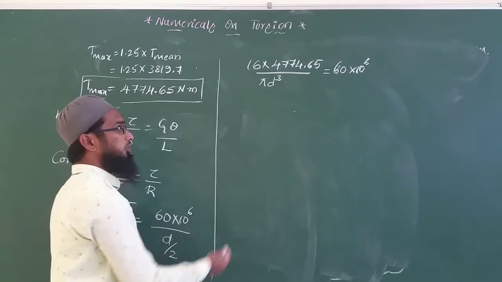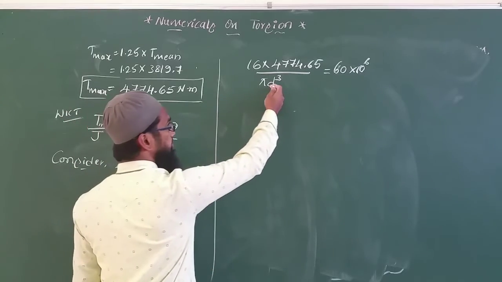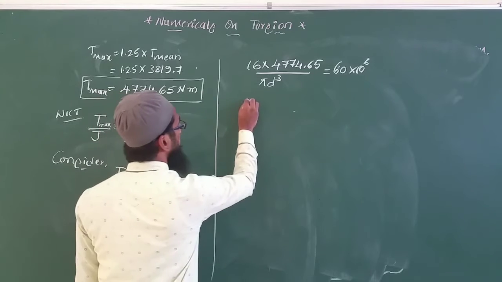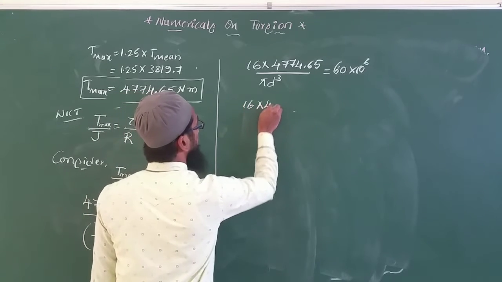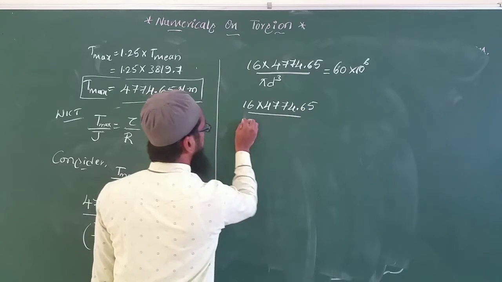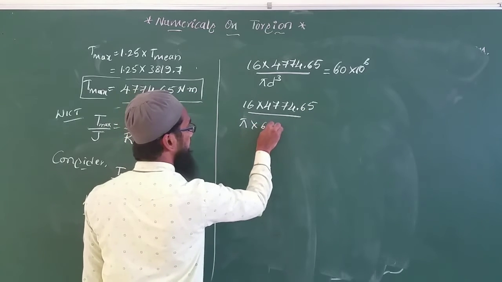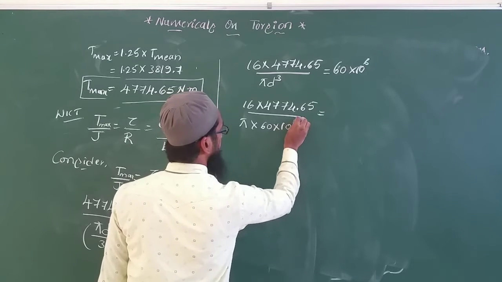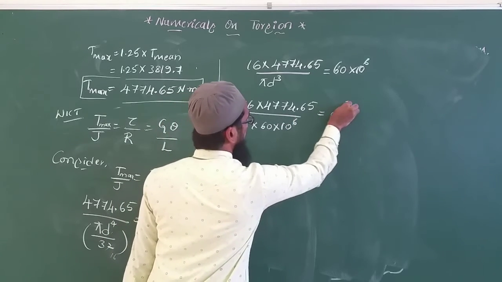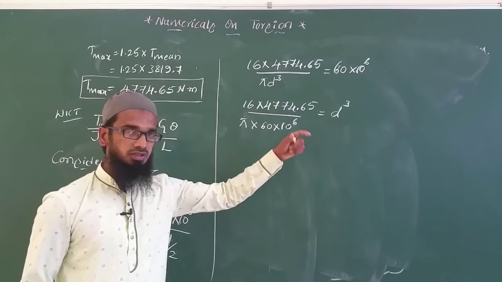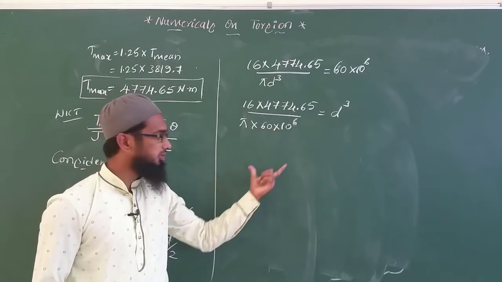I need to find the diameter d, so I'll take this part to the right hand side, and 60 into 10 power 6 I'll take in the denominator, which gives pi into 60 into 10 power 6, that is equal to d cube. Once you simplify this you will get some value.